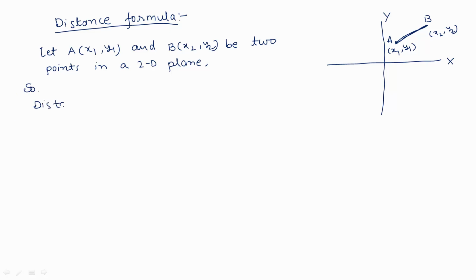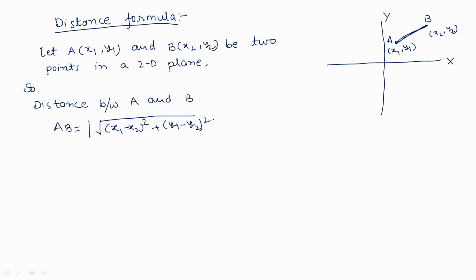So the distance between A and B, AB, is equal to mod under root (x1 minus x2) whole square plus (y1 minus y2) whole square. This is the symbol of mod, and the property of mod is that every real number will give you a positive number.